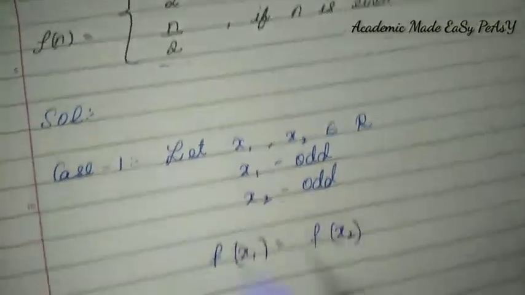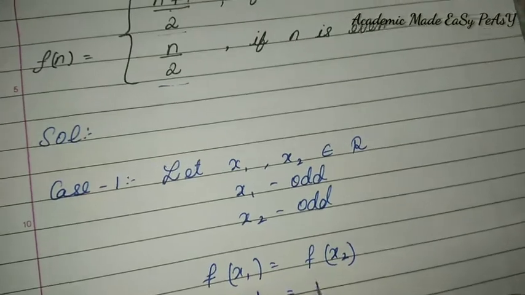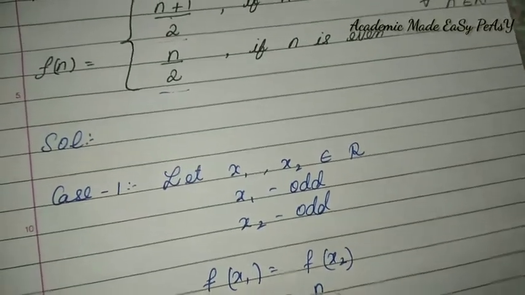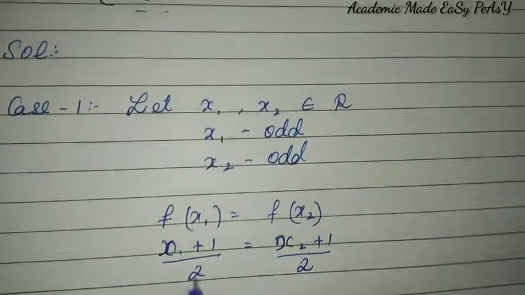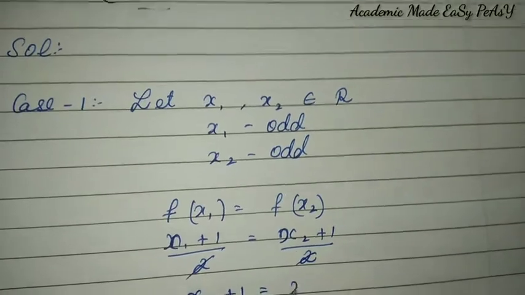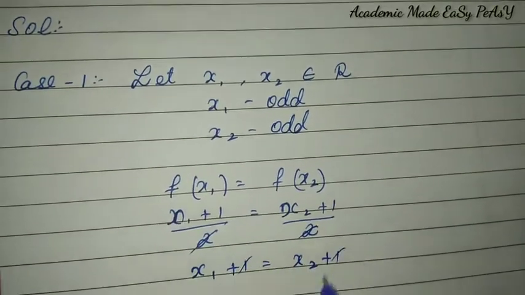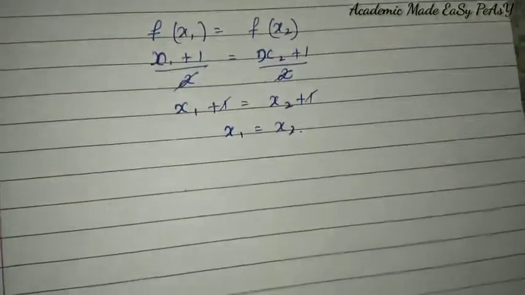That's the only difference. So (x1 plus 1) by 2 is equal to (x2 plus 1) by 2. So 2 and 2 get cancelled. So x1 plus 1 is equal to x2 plus 1. 1 gets cancelled. So x1 is equal to x2 when it is odd.